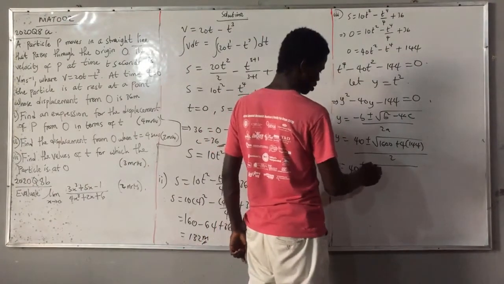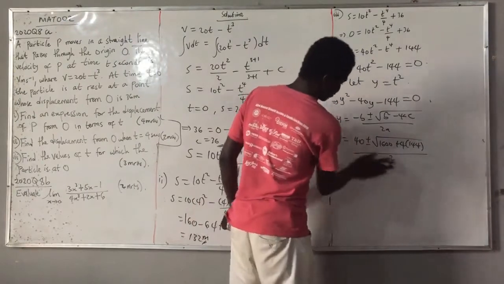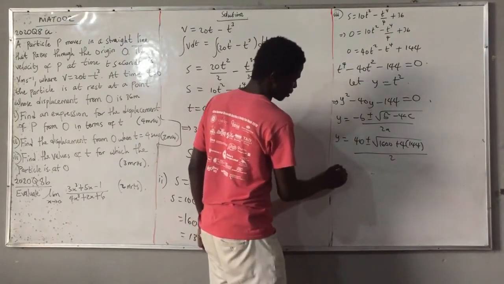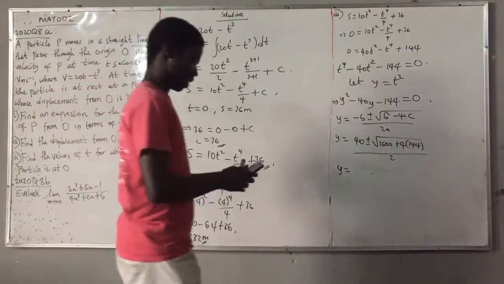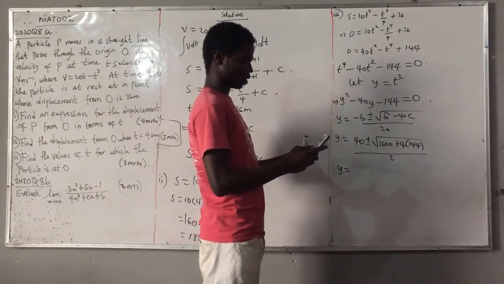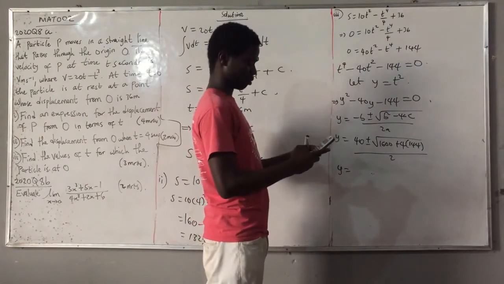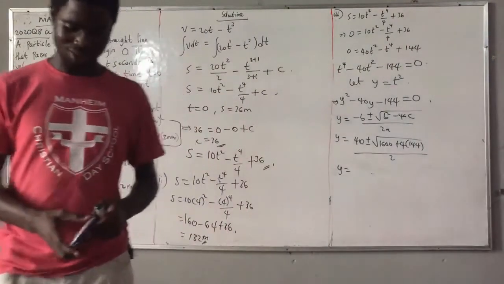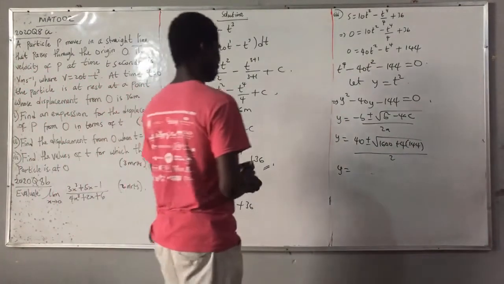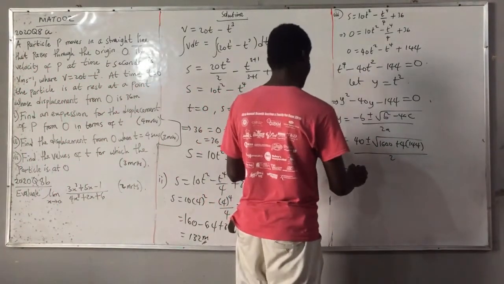So y equals 40 plus or minus square root of 1600 plus 576. Use calculator from here. I don't want to complicate issues, you can use calculator to solve directly. I don't want to waste time. So with 1, minus 40, minus 144, I got some answers here.